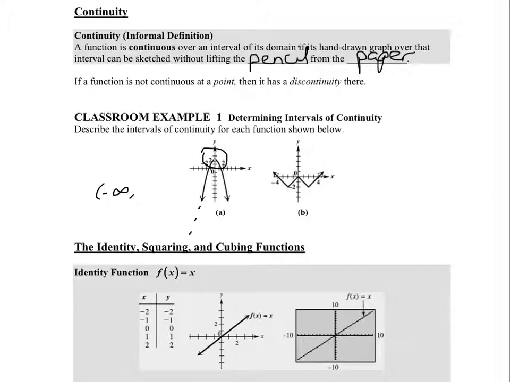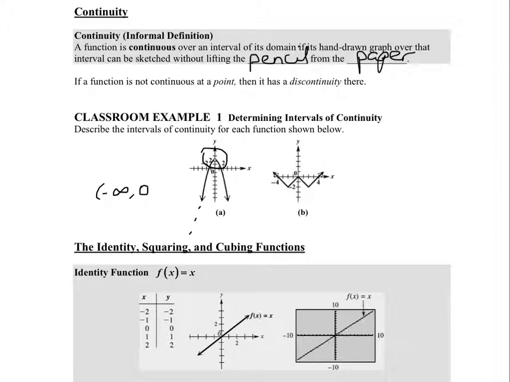Now, carefully decide, what do we need to close this interval with? I hope you recognize that it needs to be 0. Not 2. 2 is the y value at that point. Remember, we have to use the x value. So we have x's that are continuous from negative infinity to 0. Now, does 0 need a parentheses or a bracket?